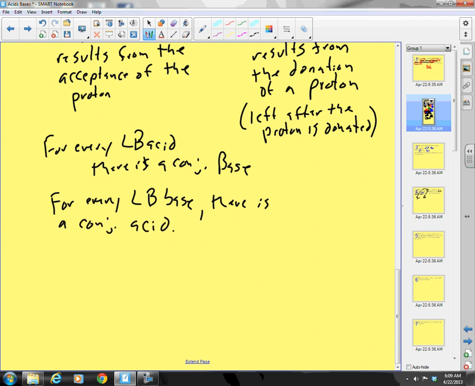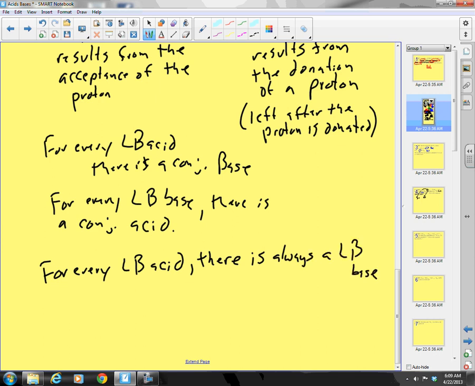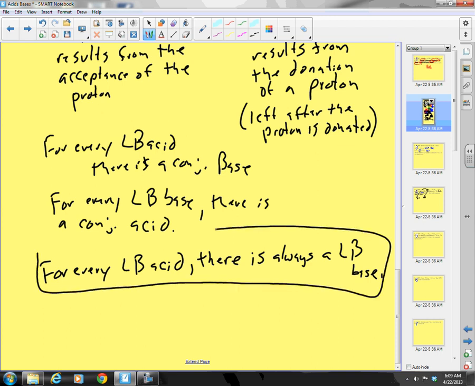Not only that, for every LB acid, remember, for me to have an LB acid, I must have a proton that is being donated. Well, if there's a proton donator, there must always also be a proton acceptor. That means there is always a Lowry Bronsted base. In every Lowry Bronsted acid reaction, there must be a Lowry Bronsted base. Got it? And we'll get a hold of this as we look at our examples.